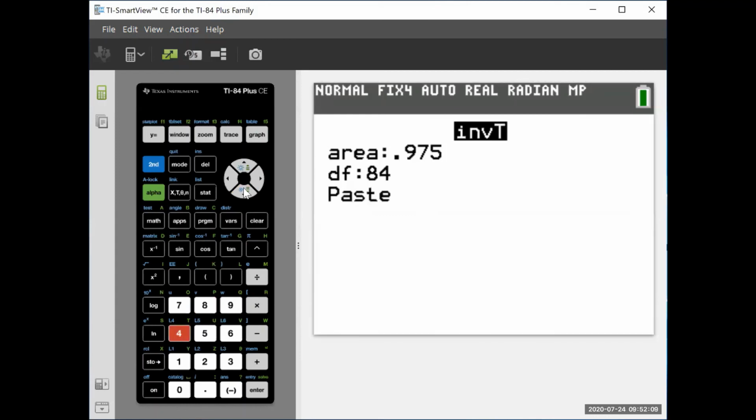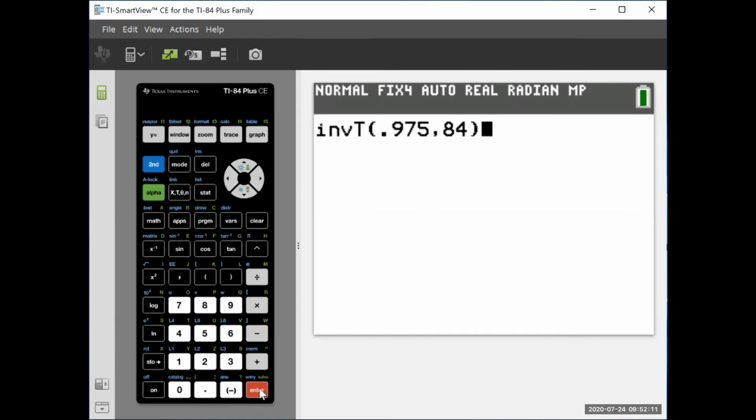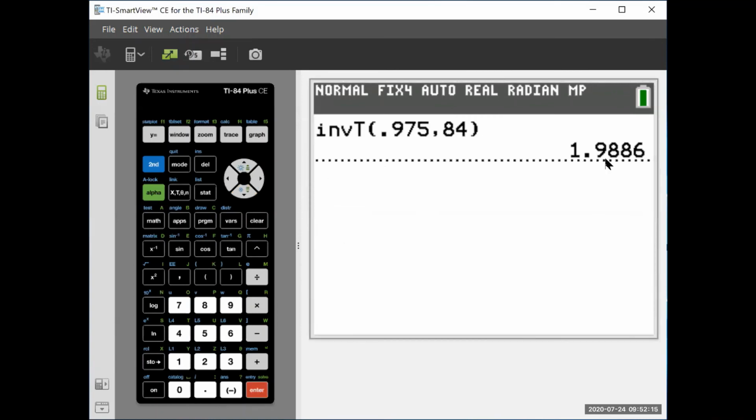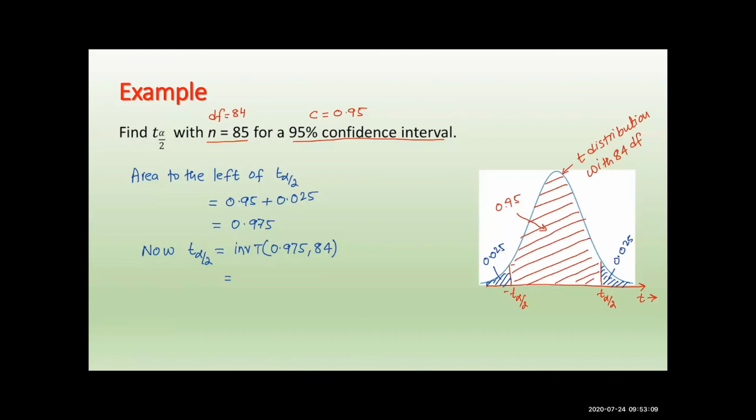We go here and paste this and hit enter. You should get 1.9886. So from the calculator, we got 1.9886. That is your T alpha over 2. If you are asked to find the negative value, it will be negative of that.